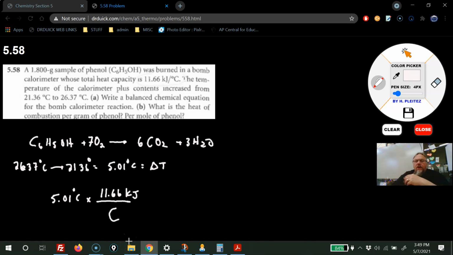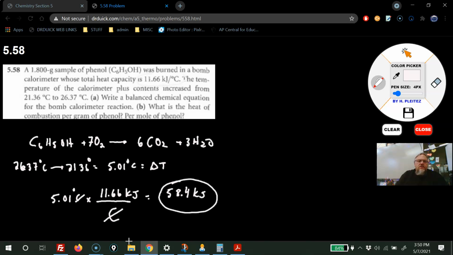How it's set up is they know how much water is in there, how much everything's going on. So for every degree you go up, you change that many kilojoules. This crosses out and this crosses out, and then you just multiply across. You end up with 58.4 kilojoules total as the amount of energy.